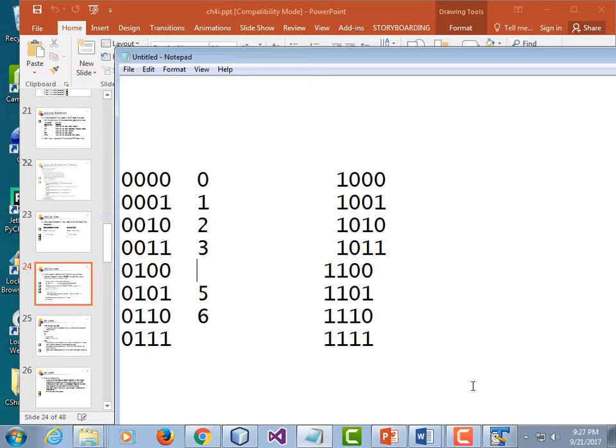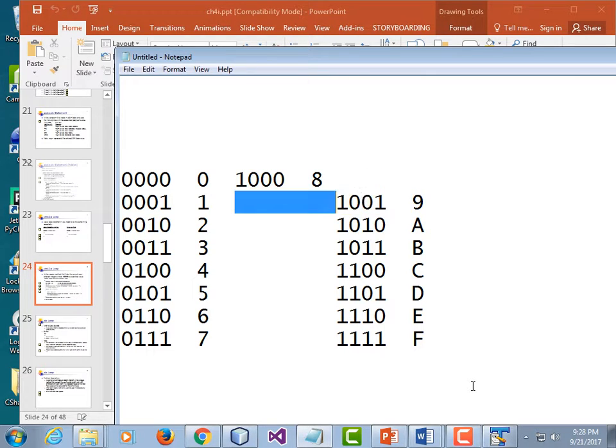That's a 2. That's a 3, 4, 5, 6, 7. So we know what this is going to be. This is an 8, a 9, and what did we say a 10 was in hexadecimal? That's an A, and a B, and a C, and a D, and an E, and an F. So each hexadecimal character is represented by 4 bits.